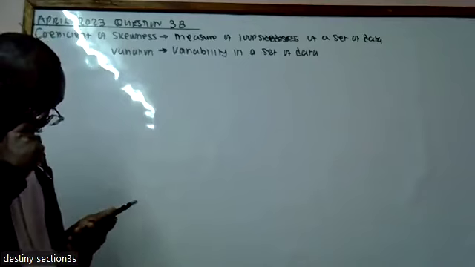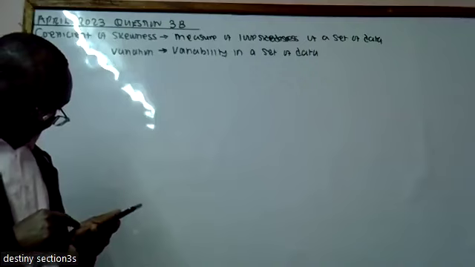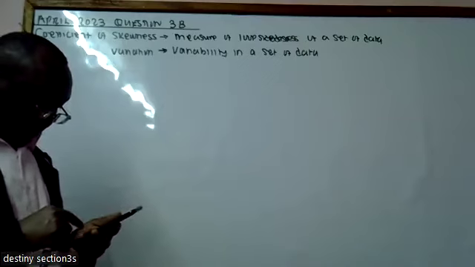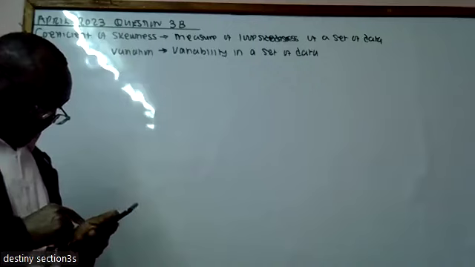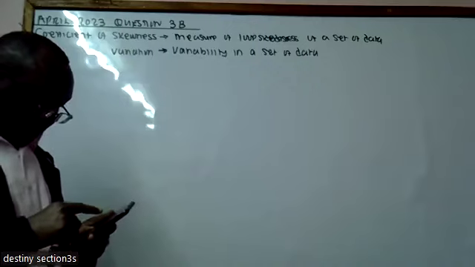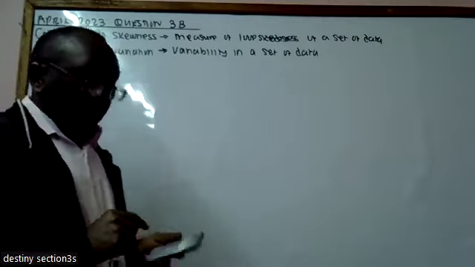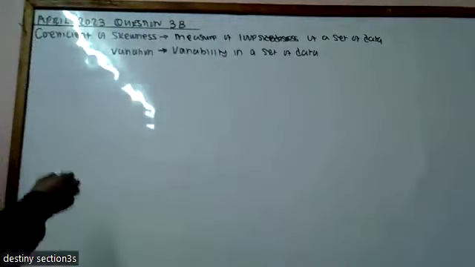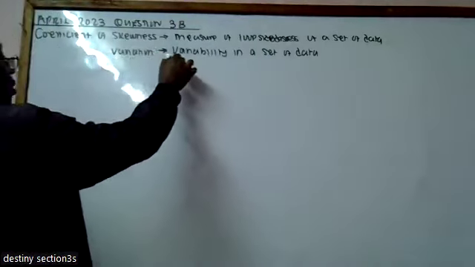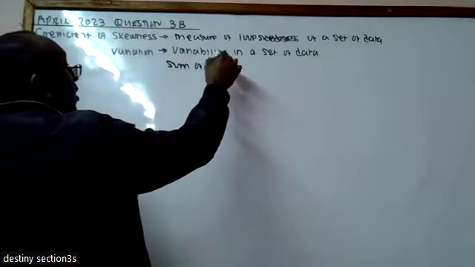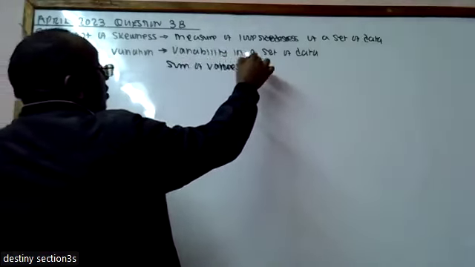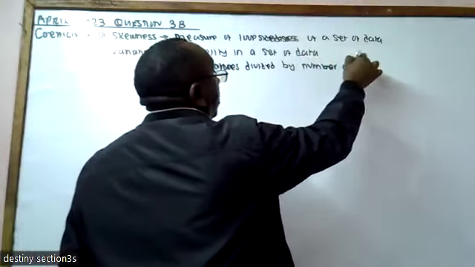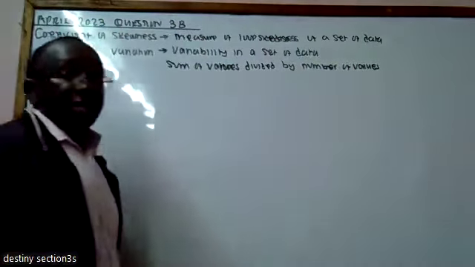The other one is arithmetic mean. It is the sum of values divided by the number of values.